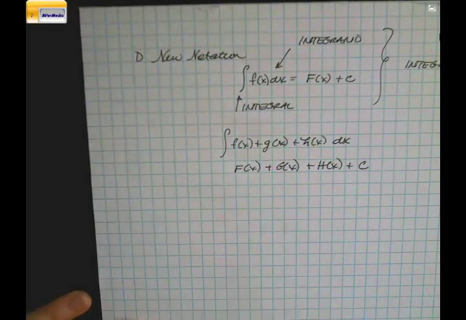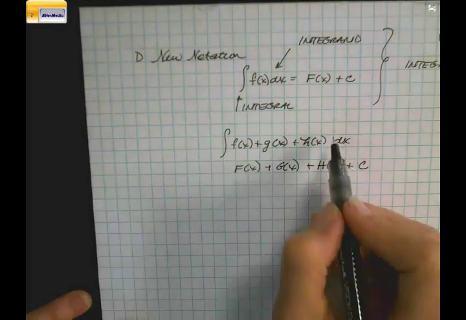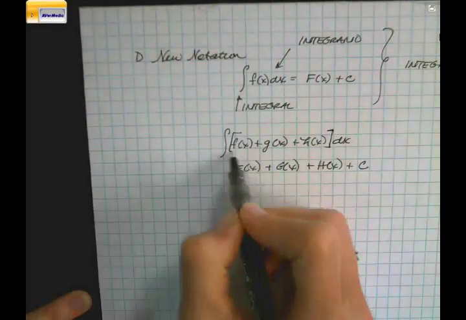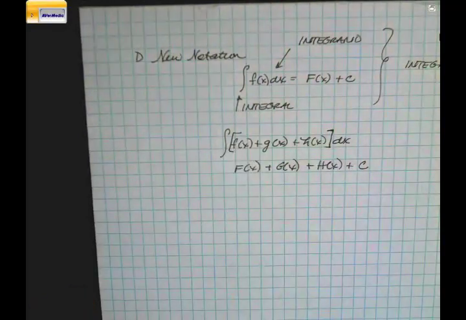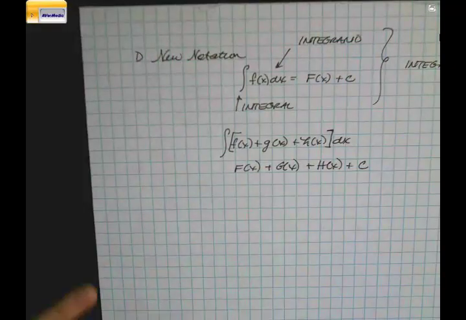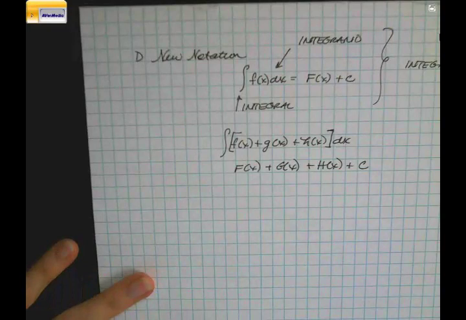And we don't normally do this, but really this should have a square bracket. It's not h of x dx, it's f of x plus g of x plus h of x, collectively with one dx on the end.